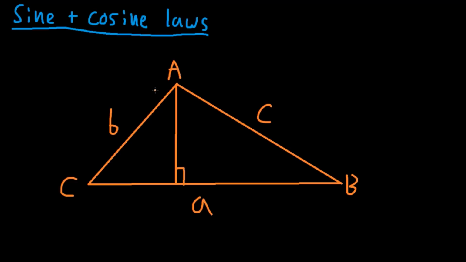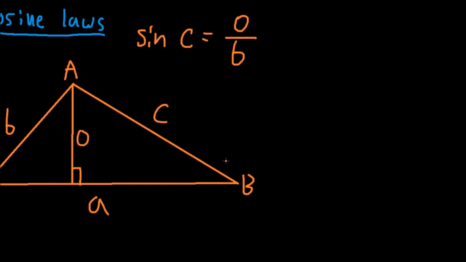We're going to notice that the sine of angle C is going to equal this opposite, let's just call it side O, over B. And what we're also going to notice is that the sine of B right here is going to equal this opposite divided by C, where C is now the hypotenuse, the longest side.